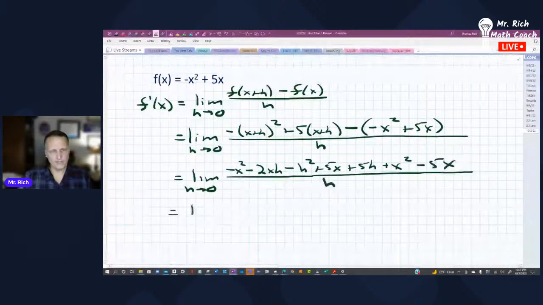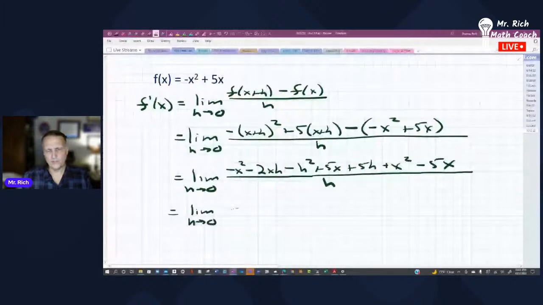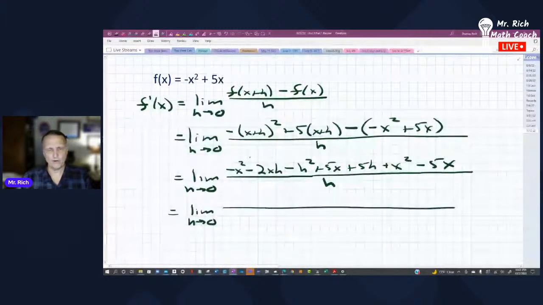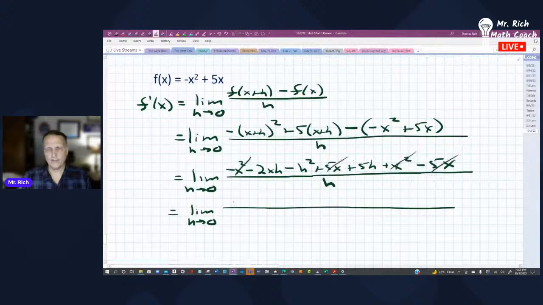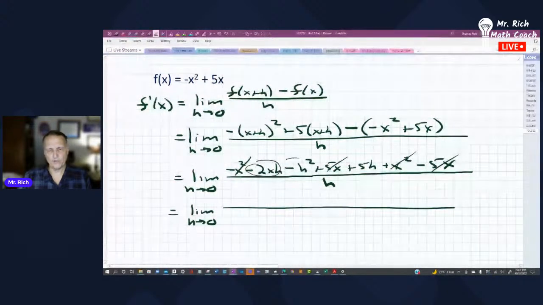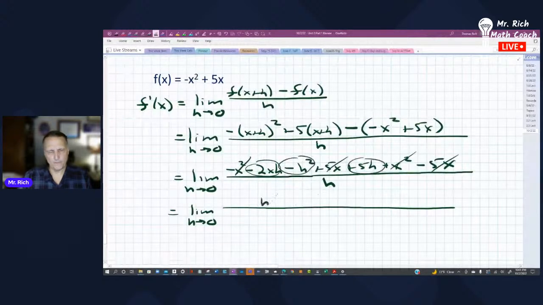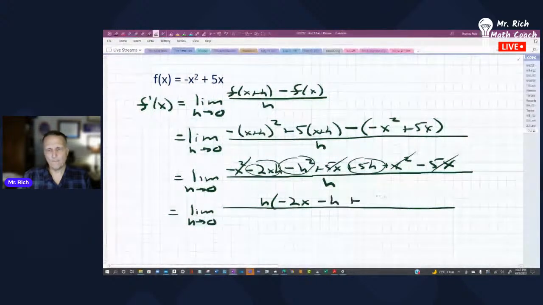So things simplify quite a bit. As you see, I've got two pairs of terms that are going to cancel: the x squared, and the negative 5x and 5x. This leaves me 3 terms. They all have a common h. I'm going to pull that h out, leaving me negative 2x minus h plus 5 all over h.